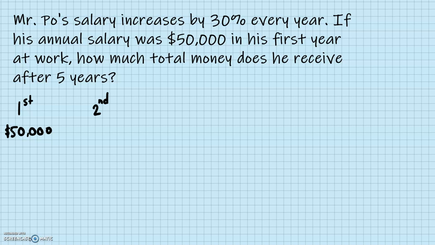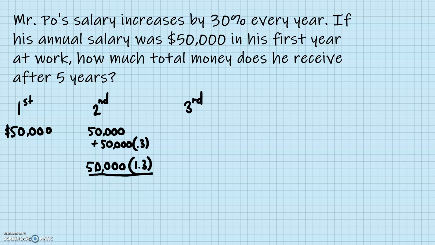So you can either think of this as the annual salary plus 30%, but I think an easier way would be just the salary times 1.3, which is 130% of the original salary. Because for percent increase, you add 100% and change that to a decimal and just multiply. Okay, so this is how much he gets on his second year.